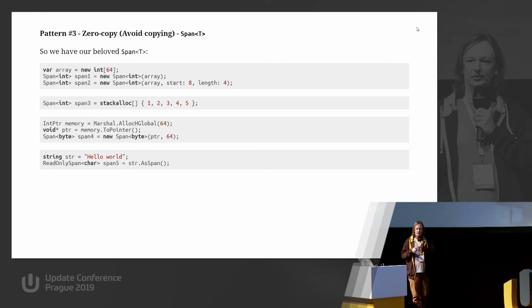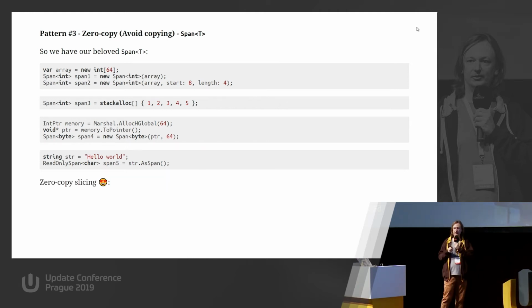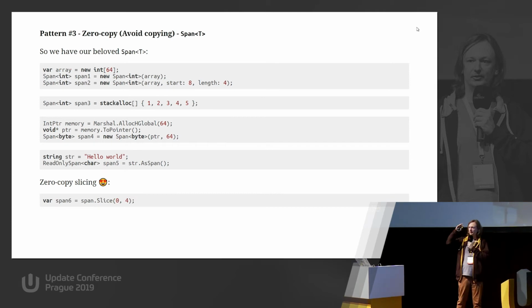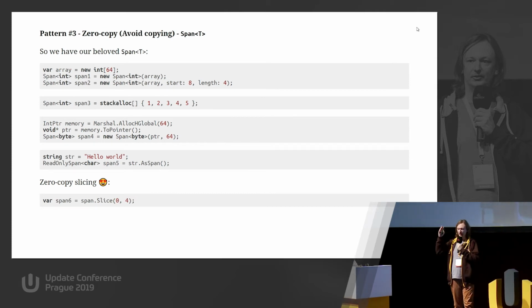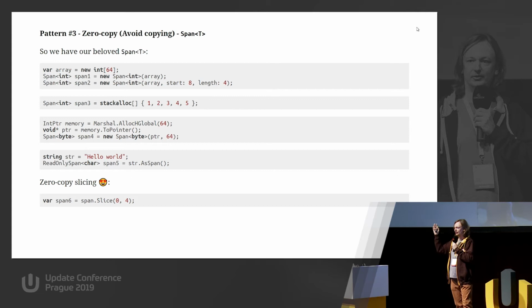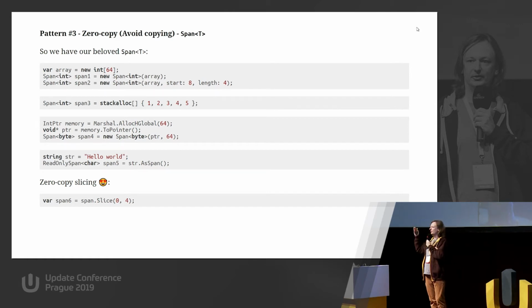And all of this has this powerful capability of slicing. When you have a big memory region, you can slice it. You can say, okay, I have this huge string that comes from HTTP, but now I want to log, and I want to slice it into smaller strings, smaller spans in fact, without memory copying.